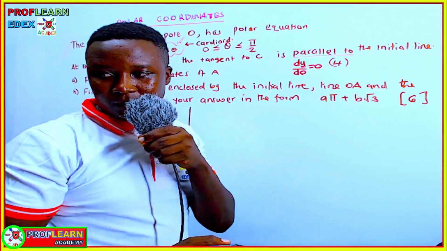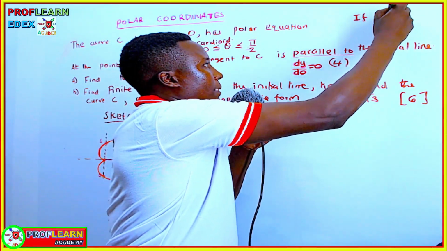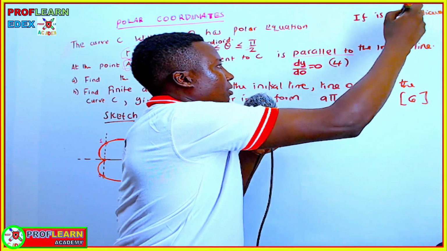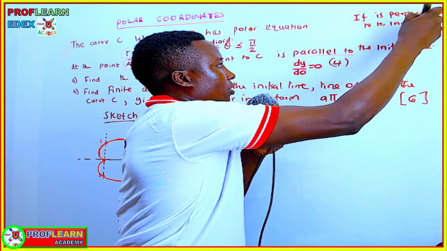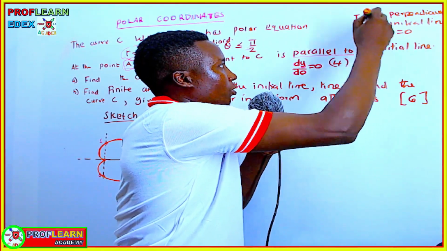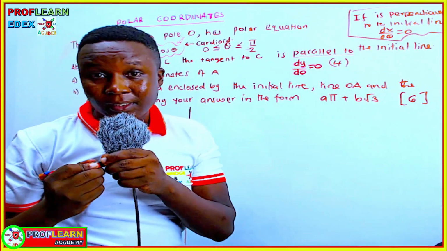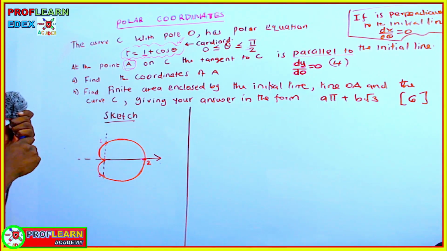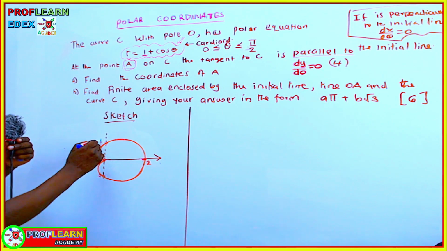But if you are told it is perpendicular to the initial line, set dx/d theta equals 0. Those are conditions that you must know at that given point. In this particular question, of course, the sketch of this curve is given.